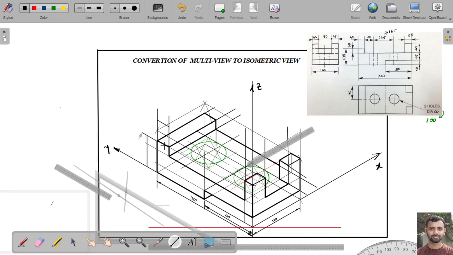This is the dimension line for this one, and this is the dimension line for this distance, and this is the dimension line for this distance. Okay, so now quickly write all the dimensions.